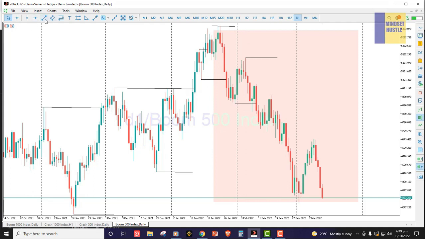So let's see what price did. Price breached this low, then it came and created a new low here and pushed price up. So I told you, you mark the obvious structure.